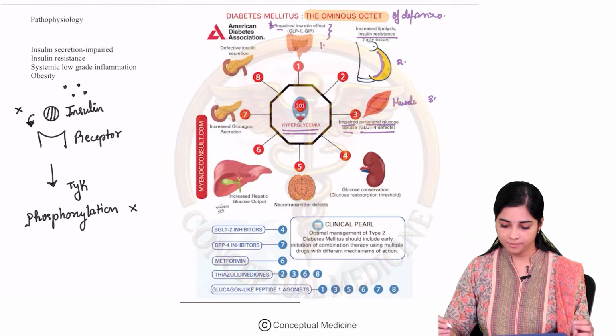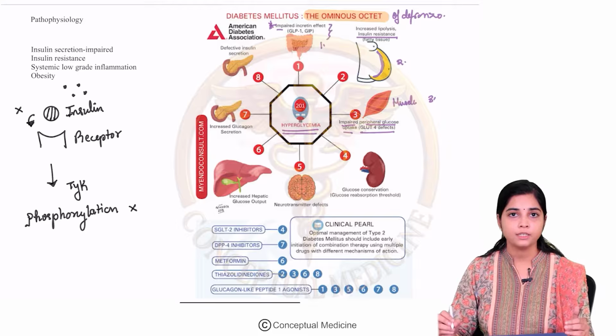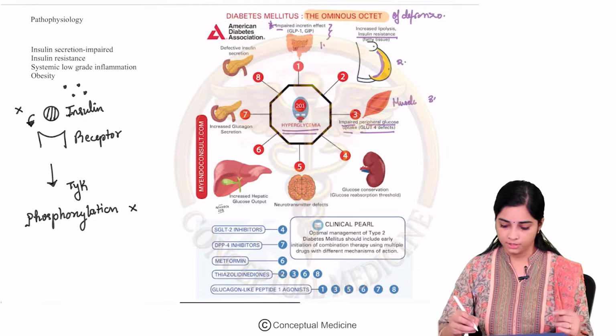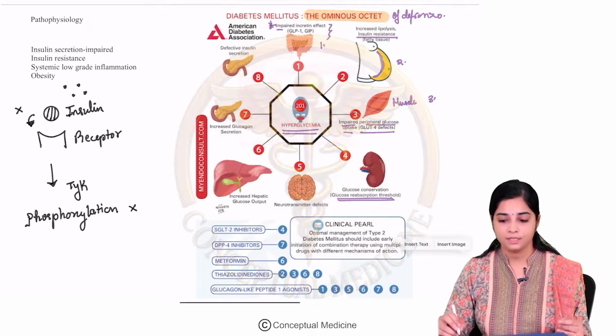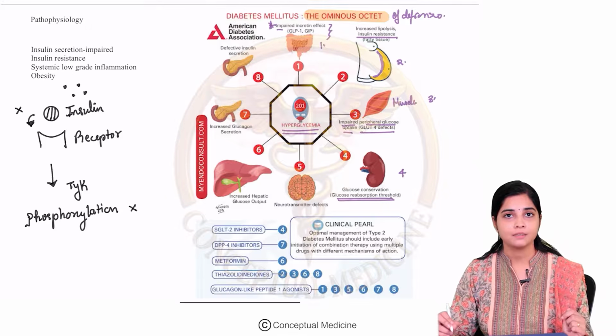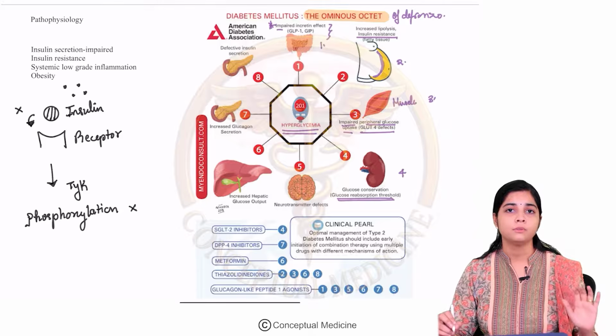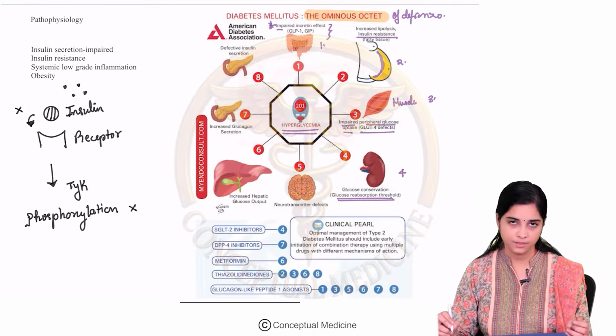But here there is a fault in the glucose threshold and the glucose in fact gets reabsorbed. So the fourth mechanism is a problem with glucose excretion in the urine. There can be some amount of glucose reabsorption as well.